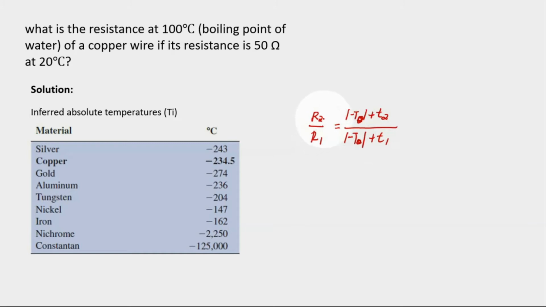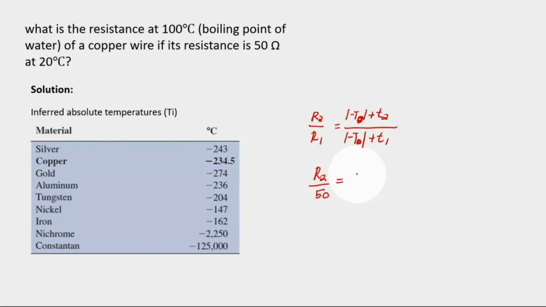Since we already have R2 and R1, let's say condition 2 is 100, so we just write it here, and R2 is unknown, so we are looking for R2, which is equal, divided by the way, R1 is 50 ohms here, so we write it as 50 ohms, and the absolute value is negative 234.5.